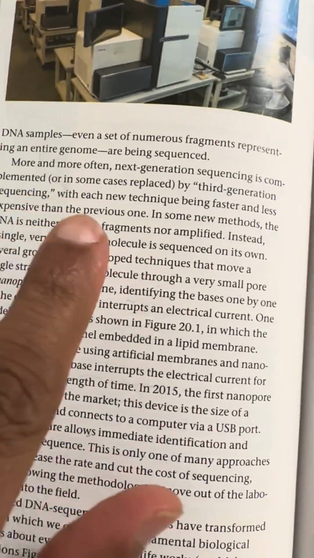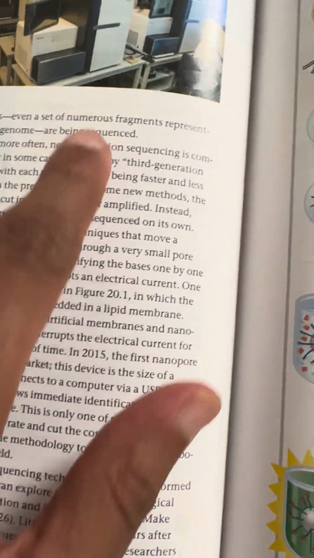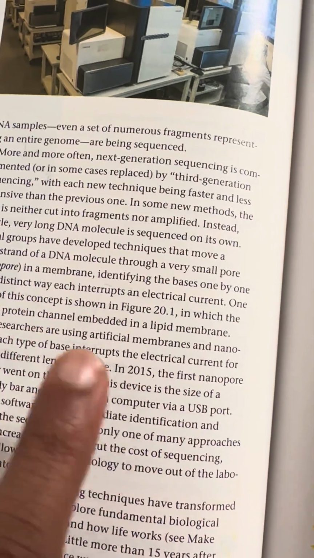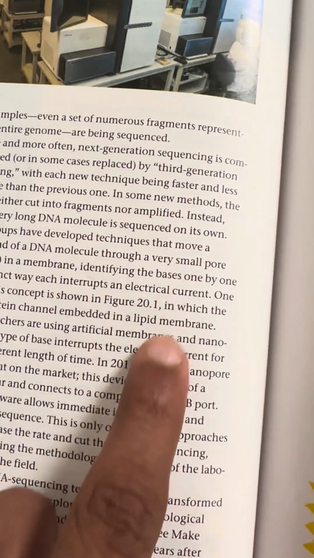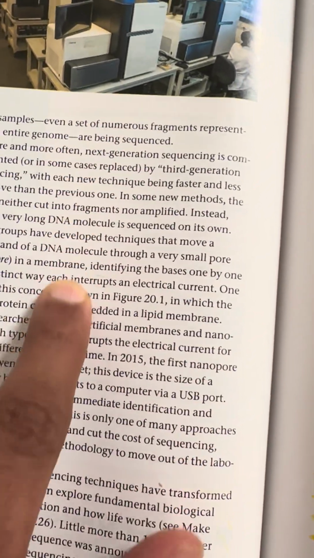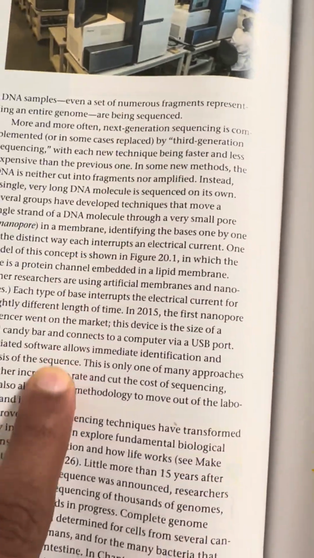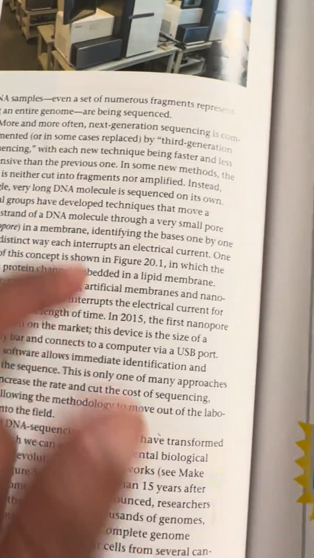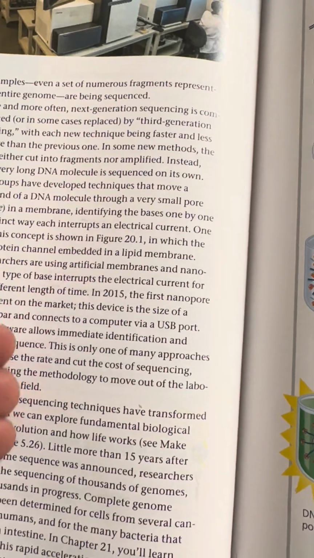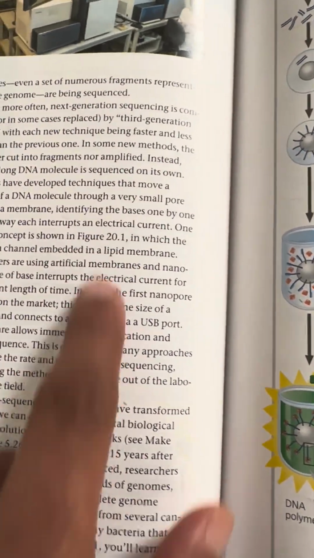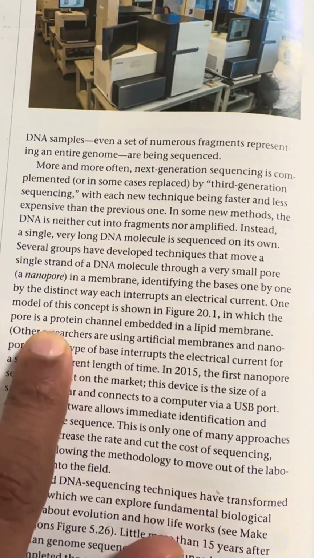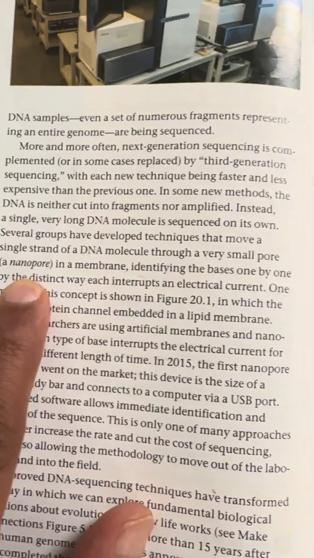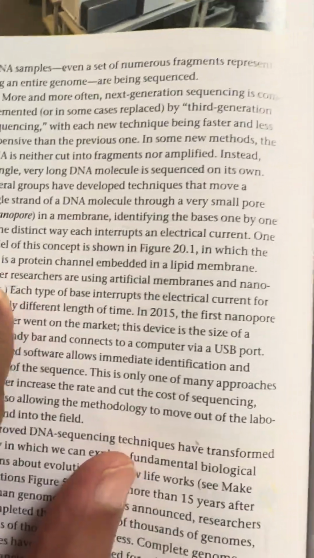As the DNA moves through, it changes the current in a particular way, and then you just read the current readings. That's how you read the DNA. You have no idea what letters are there, and you can read the sequence as it travels through this nanopore membrane and interrupts the electrical current.